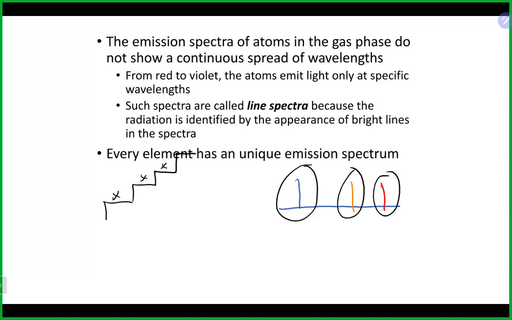The elements themselves have such a unique line spectrum that, based on the lines that you see and the wavelength at which they occur, you can identify what element you're looking at, because they are these very specific quantized transitions that occur as the electrons move from one energy level to the next. Any questions on that there?